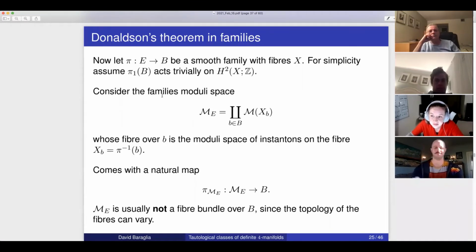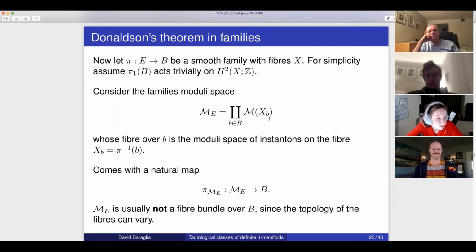So you look at the moduli space of instantons on each fiber, and then you consider the union over all points b in the base, and of course you give that the natural topology. So you get this big family's moduli space, and of course it comes with a forgetful map to the base.